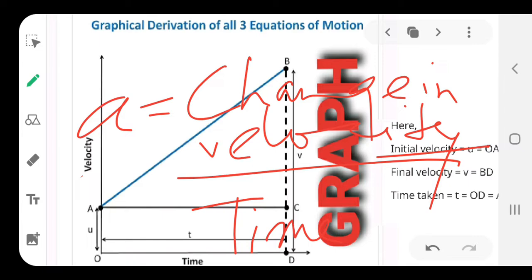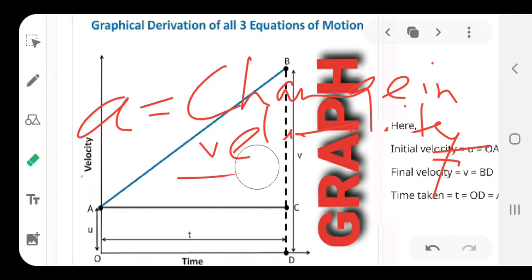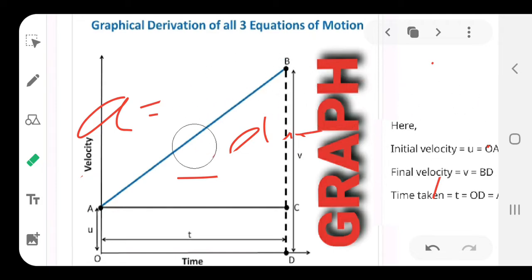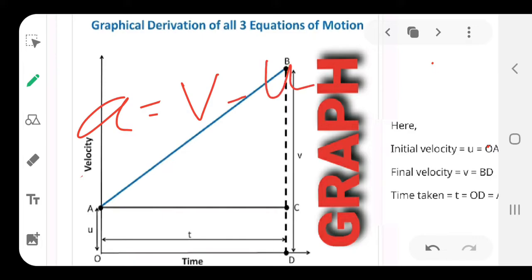So acceleration is nothing but change in velocity over time. Now, what do you mean by change in velocity? It means, of course, the final velocity minus initial velocity, over the time taken.